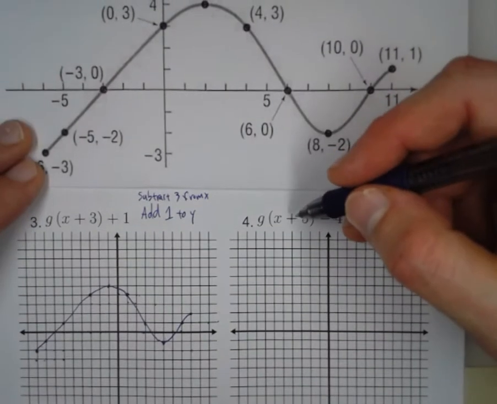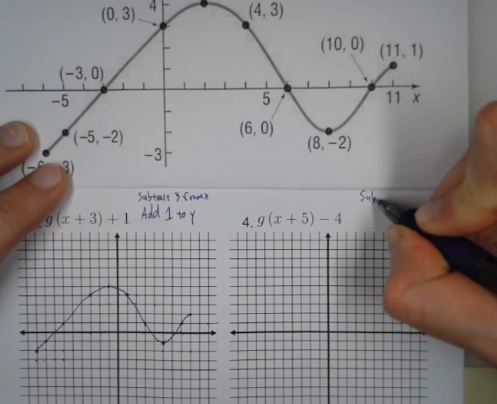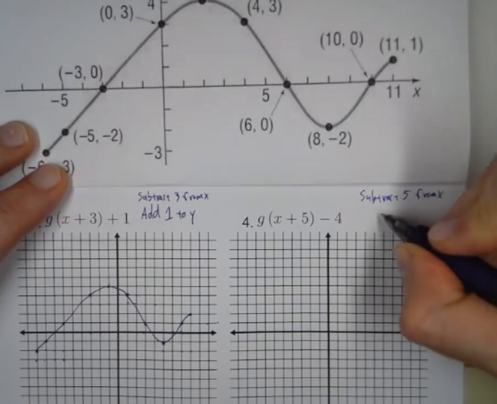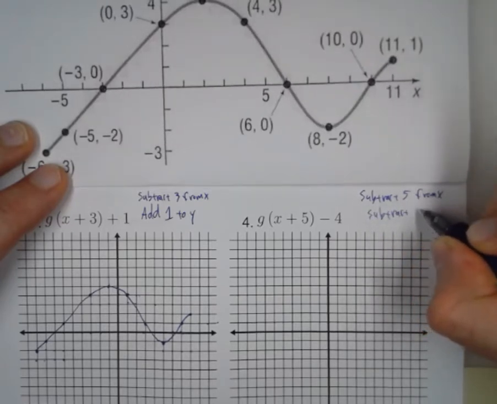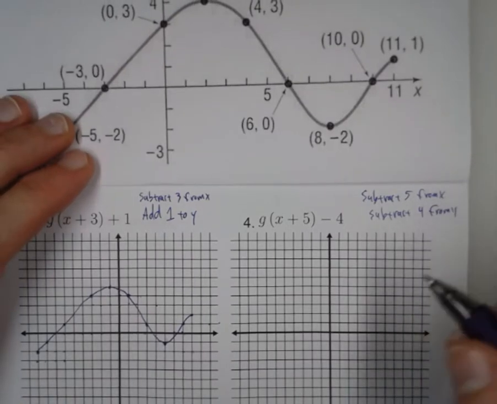And then this one, here we're adding 5 before we apply the g function. So we subtract 5 from x, and here we subtract 4 from y. So that means every point is going to move to the left. That's what happens when we subtract from x, and every point is going to move down.